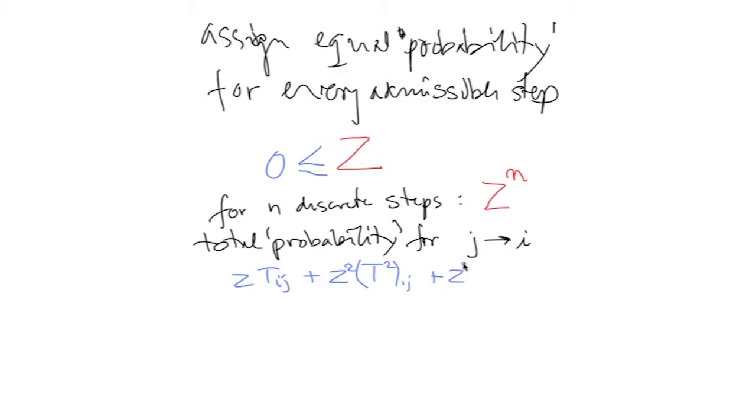Probability that we go 3 steps, t cube ij, and so on.